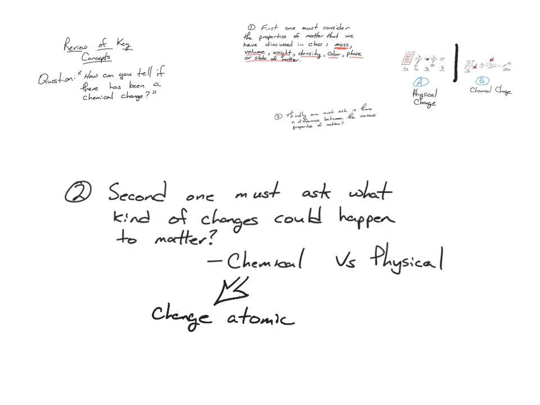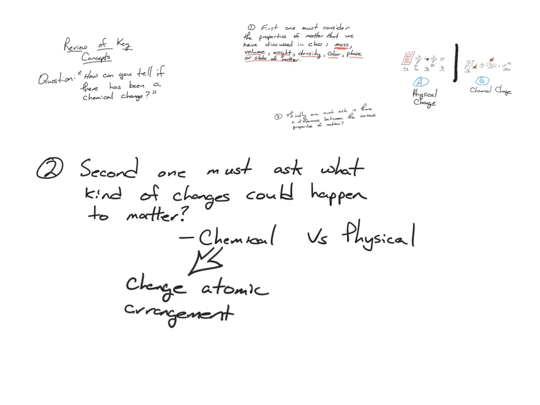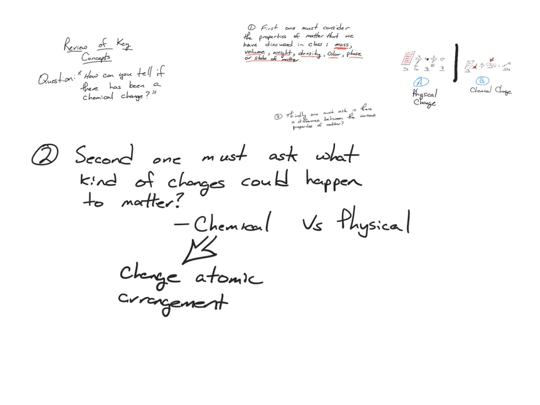What do I mean by atomic arrangement? I mean how you put the atoms together. Whereas in a physical change, you don't change that fundamental nature. That substance is still what it was before.